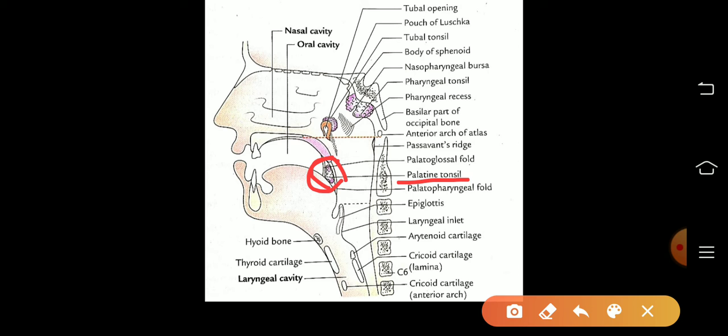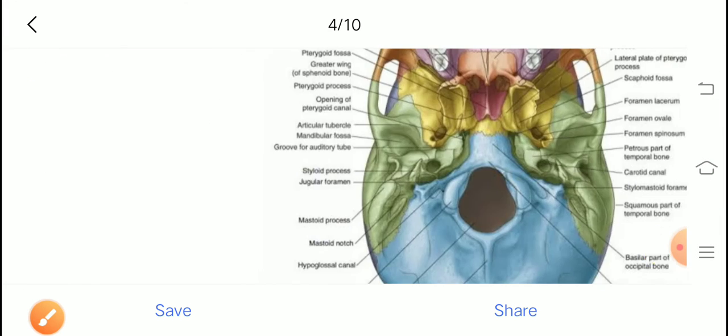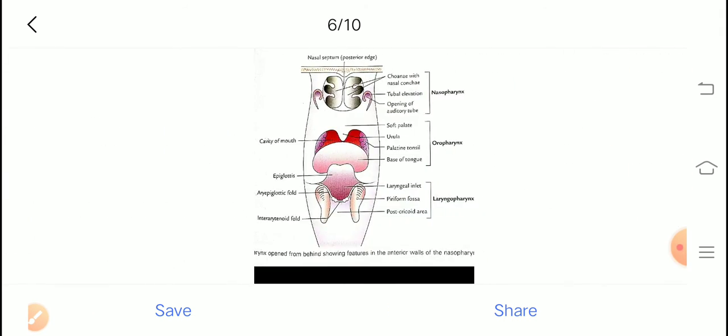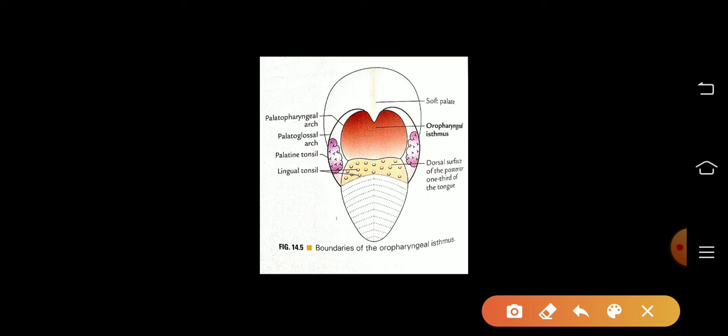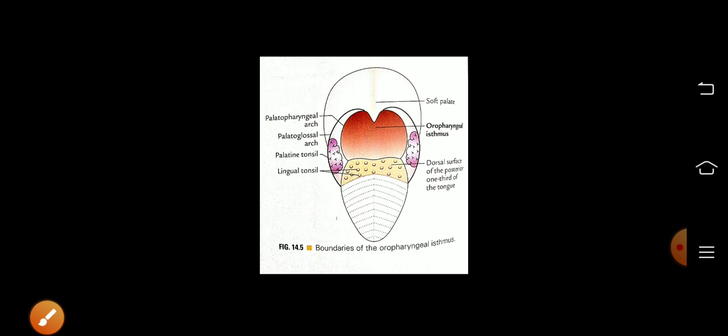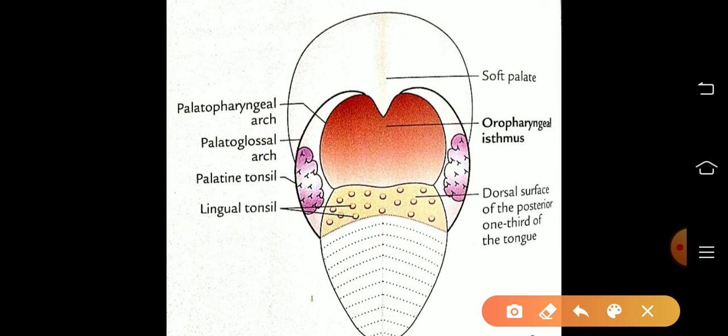And coming to the anterior wall, there is some nodular protrusion in the dorsum, the posterior one third of the dorsum of the tongue.